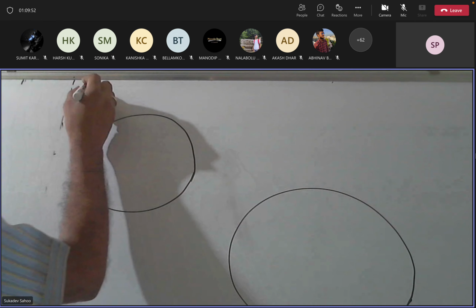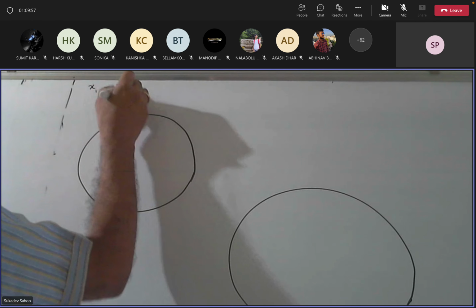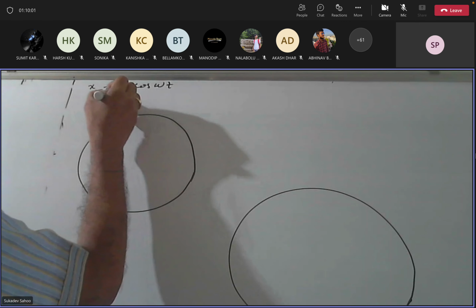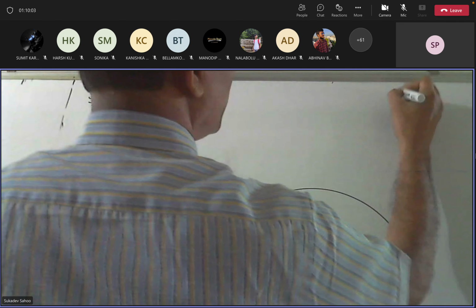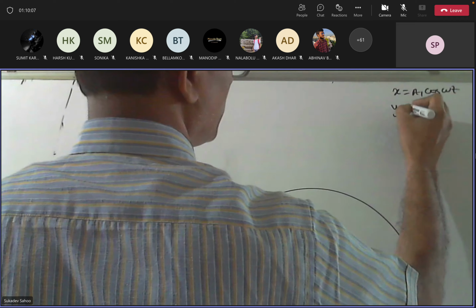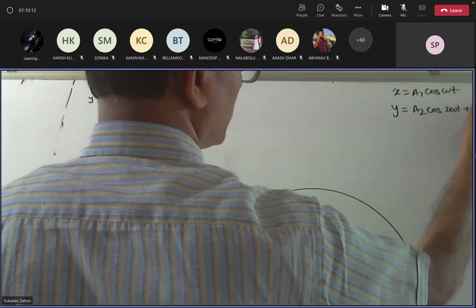We have taken x equal to a1 cos omega t, and second we have taken y equal to a2 cos of omega t plus delta.